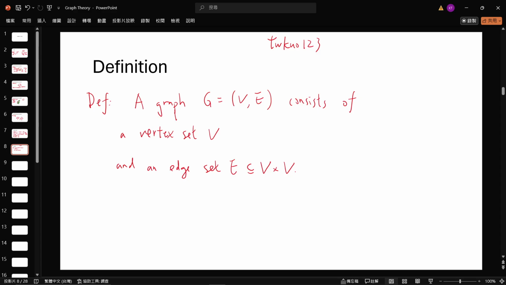So to form a graph, first you have to define the circles, or the vertex set. For example, if you have a social network, then you first define the user accounts.